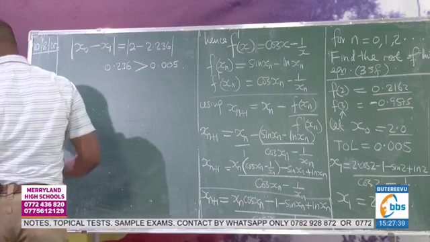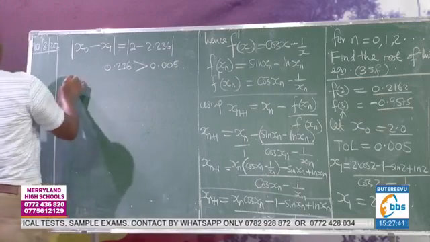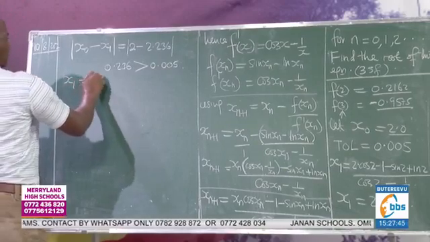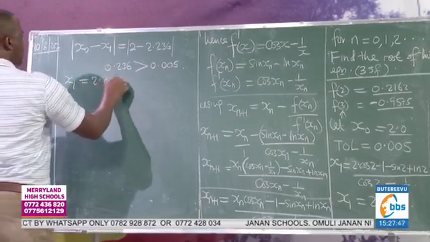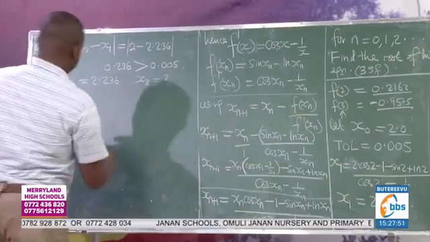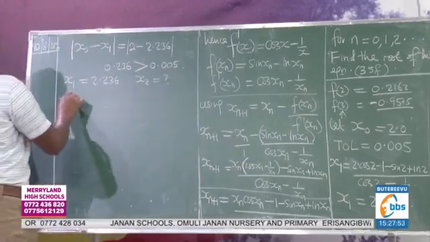So, we proceed and look for x2. With x1 as 2.236, we want to get x2. We repeat the same expression.